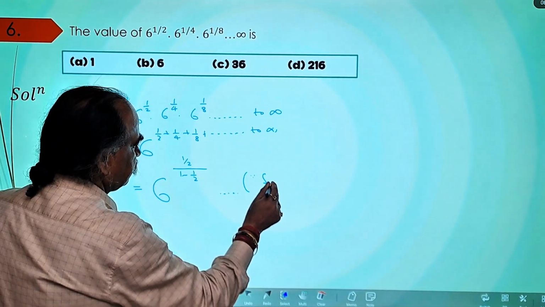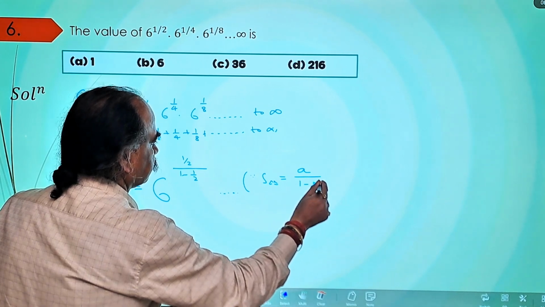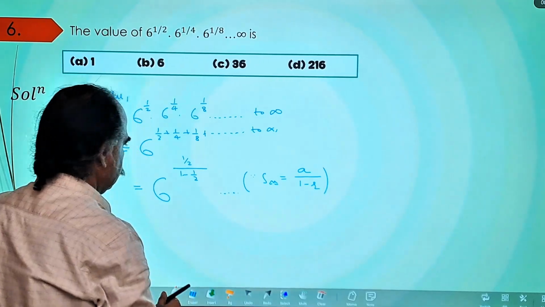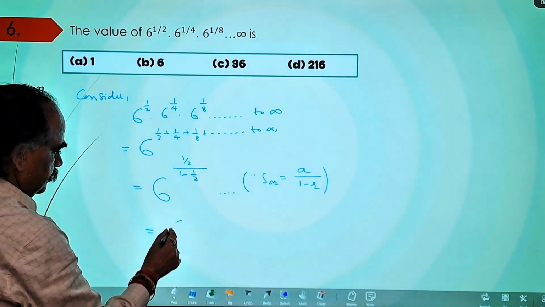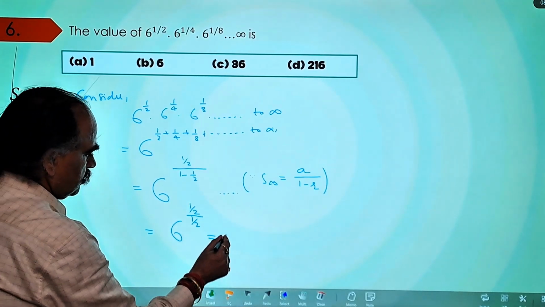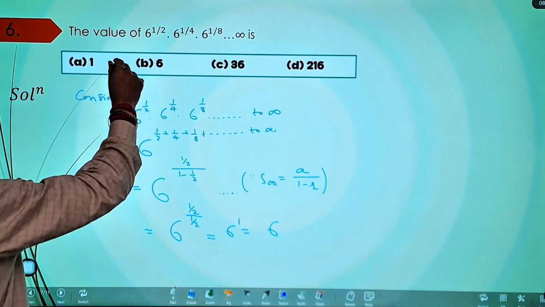Since S infinity is what? a upon 1 minus r. 6 raised to 1 by 2 upon 1/2 is 6 raised to 1, which is equal to 6. Answer B.